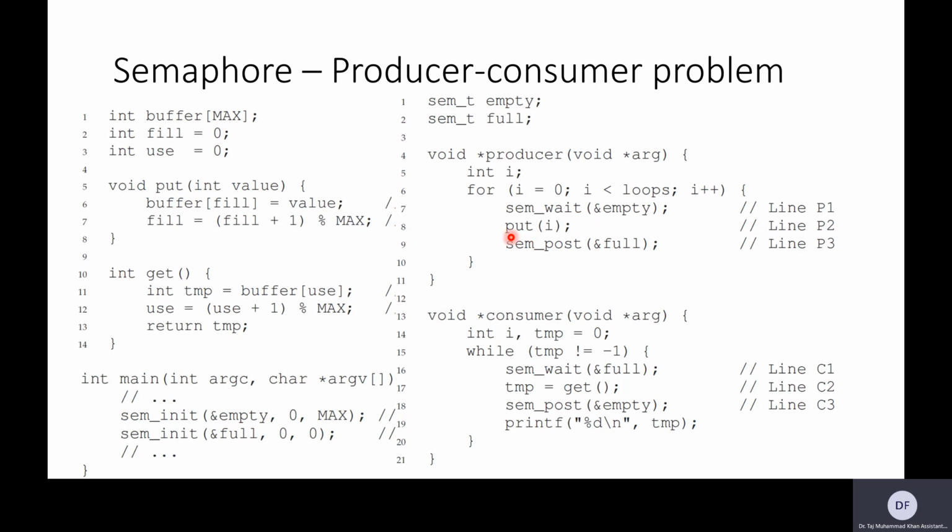Okay, so this way it will be able to put 10 values in the buffer, and after calling semwait 10 times, this empty condition variable will become 0, and the next time the producer calls semwait on this condition variable, it will block.